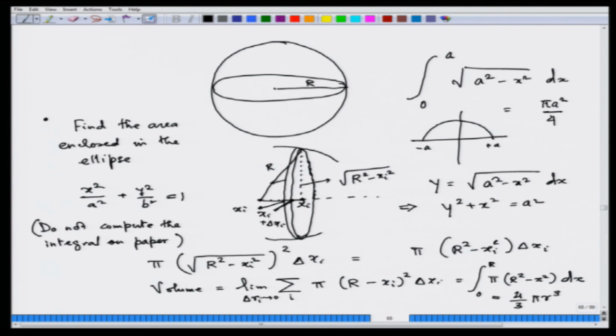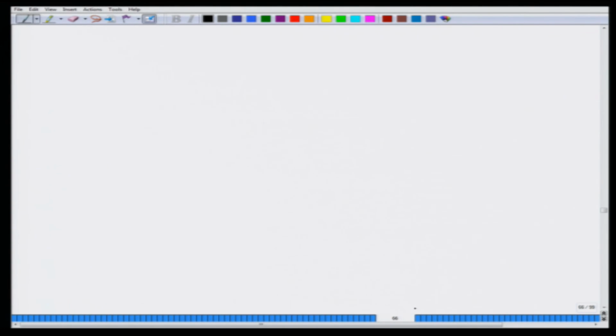So, another important problem which I really want to talk about is this: if you take a cone, an ice cream cone which all of you eat, a cone is a 3-dimensional object.